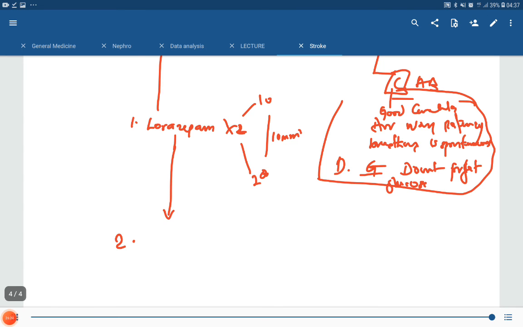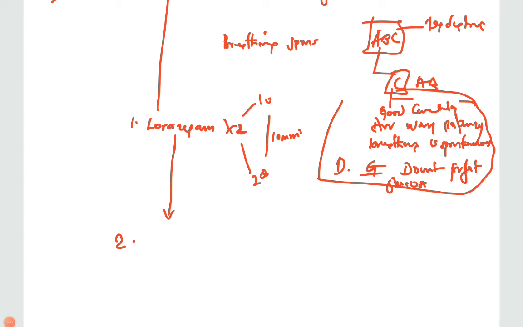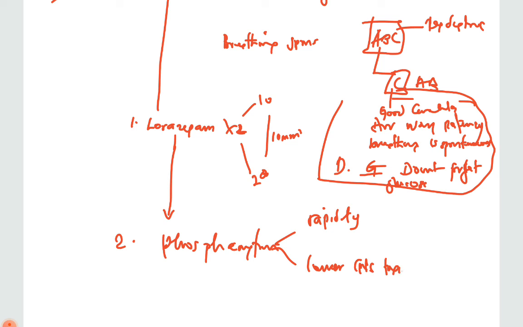Usually, fosphenytoin is preferred, for 2 reasons: you've got the rapidity in terms of the IV infusion, and then also the lower CNS toxicity. And similarly for lorazepam too, the onset of action is also rapid.